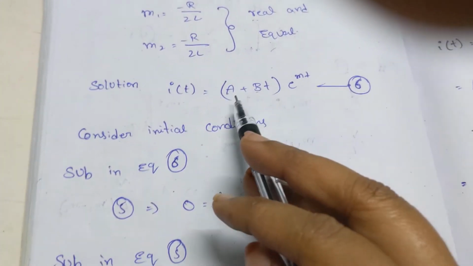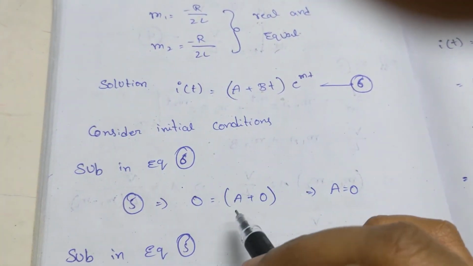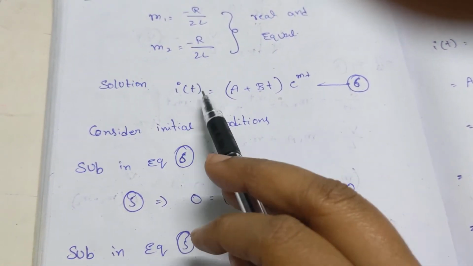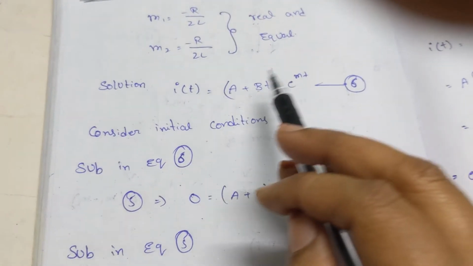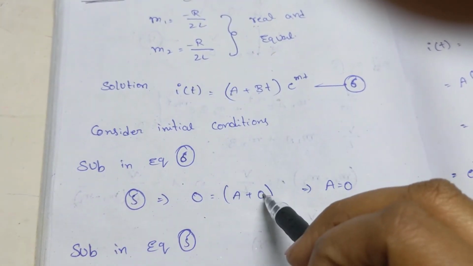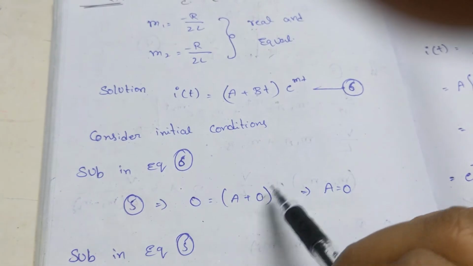To find the constants a and b, we have to apply our initial conditions. At time t equals 0, current is 0, and a plus b, here time t is 0, so the b term also becomes 0. e^(mt) is nothing but 1.